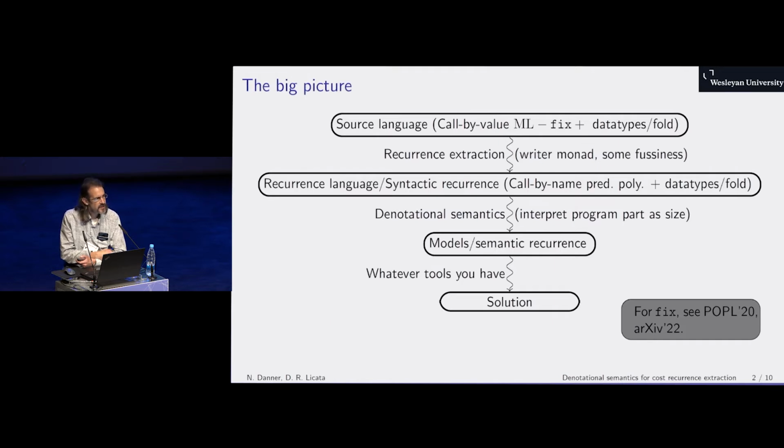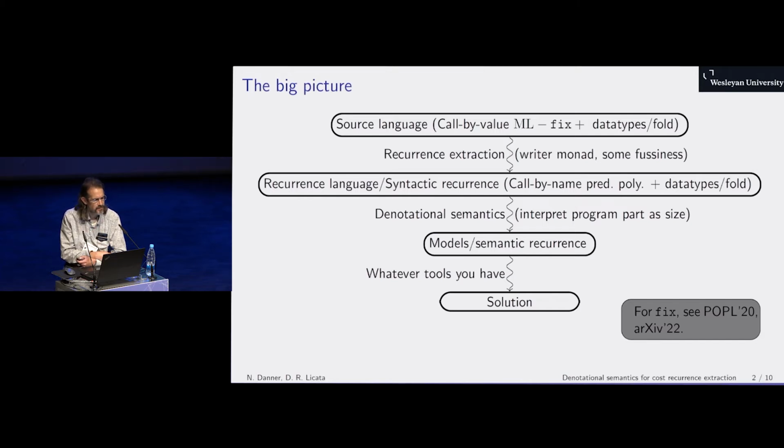And so the big picture here: we start off with a source language, which for right now is just a call-by-value version of ML, with just data types and fold. We handle general recursion in other papers, but that's our basic source language. There's a syntactic part where we do a translation into the writer monad to get what we call a syntactic recurrence, and that's basically now call-by-name predicative polymorphism.